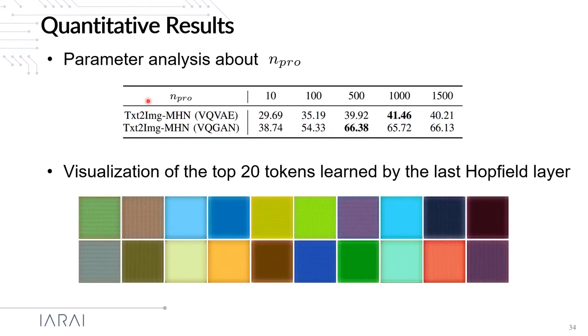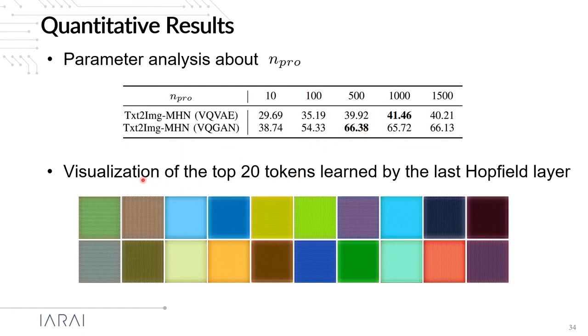We also conduct some parameter analysis about the hyperparameter, the number of prototypes. You can see that if we set the number of prototypes to a relatively small value, for example 10, this will restrict the performance of the proposed method. So to balance the performance and the computation burden, we fix this parameter to 1000 in the experiments.